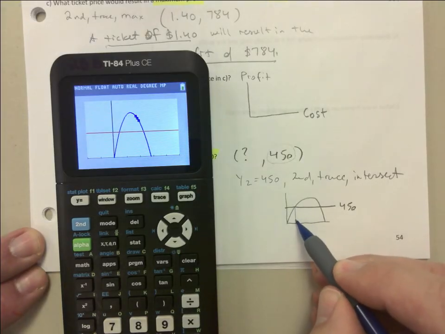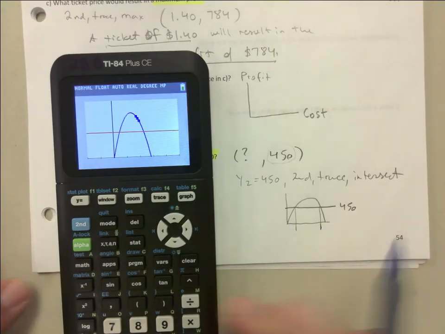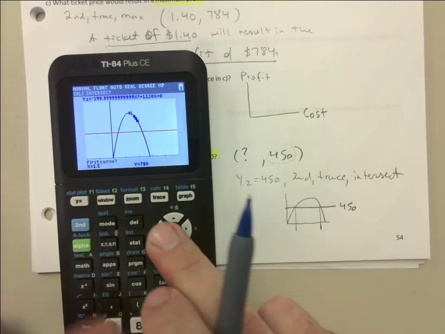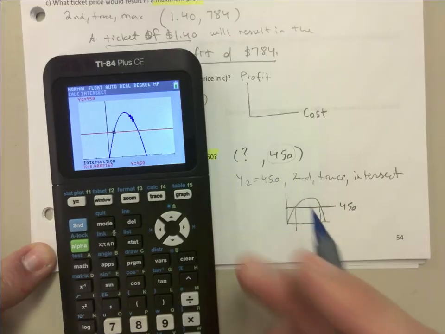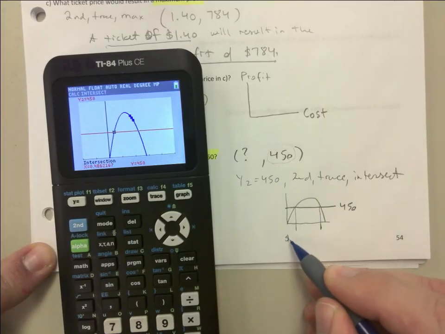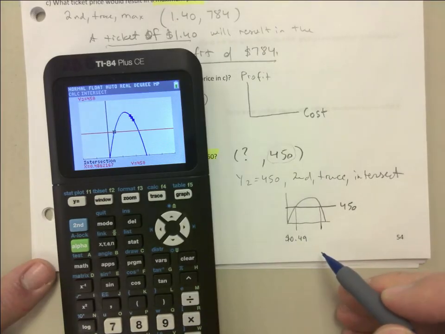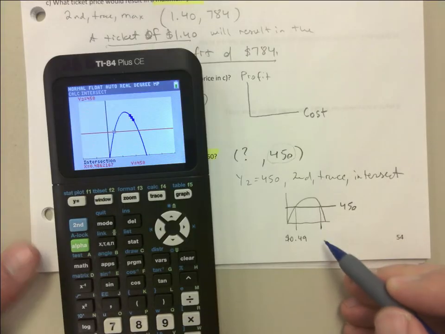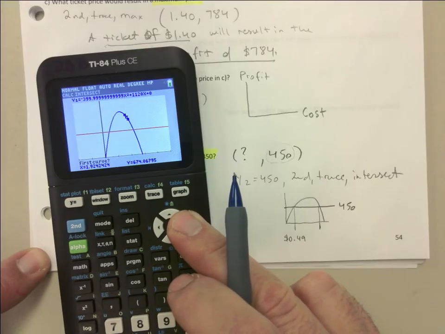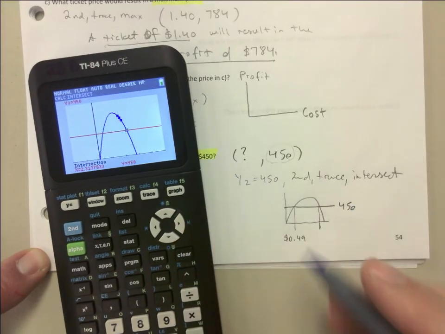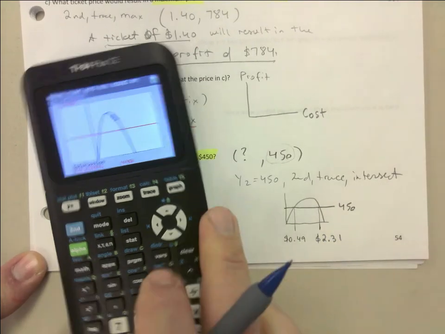And so we need to figure out this and this, like the two x values there. So let's go ahead and do that. Second trace 5. Enter, enter, enter. This one gives me 0.49, so 49 cents. And this one, let's go over to that one. Gives me a price of 2.31.